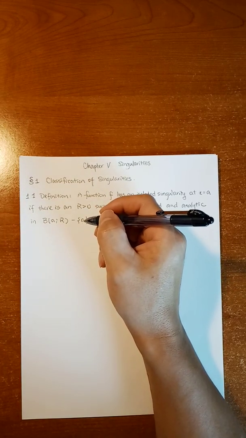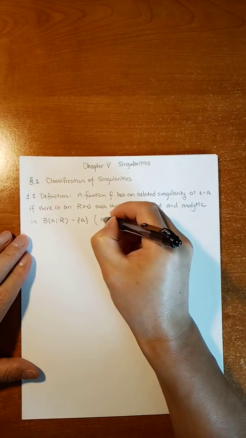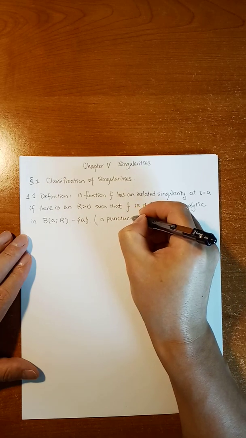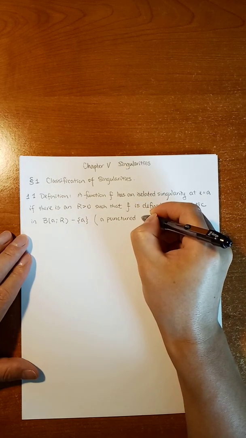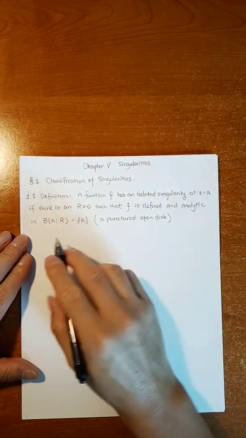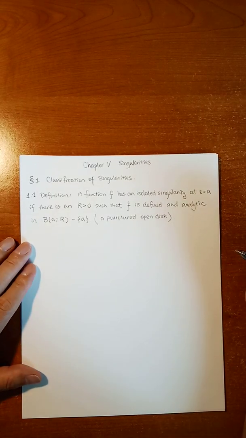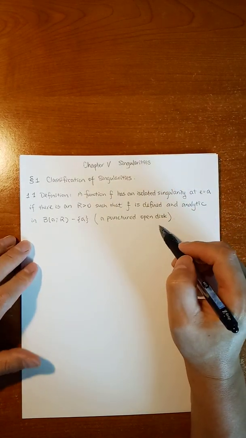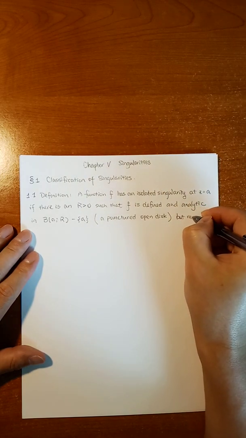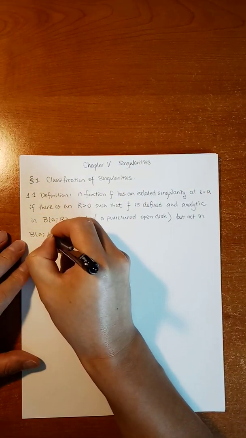It's called the punctured open disk. So f is defined and analytic in a punctured disk, but not in the open disk.